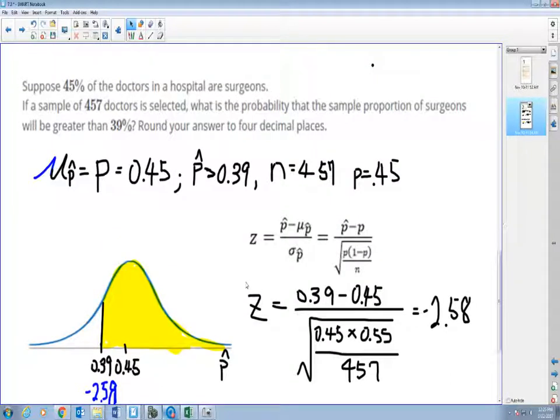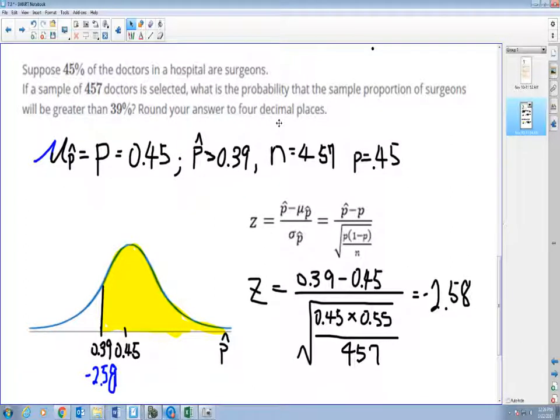So that's how we deal with the sampling distribution of p hat, just like the sampling distribution of x bar, except the formula is a little bit different. So again, we've got to find the z-score first before we can do the normal CDF. And when we read these problems, you need to understand whether I'm looking for the area to the right, to the left, in between, or the two tails.